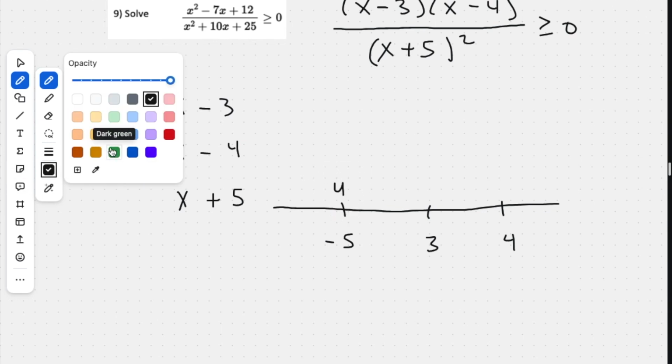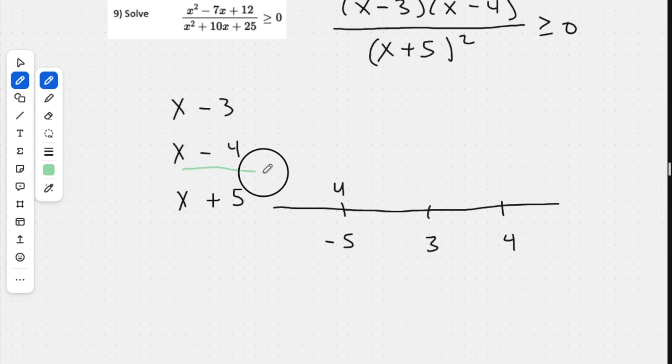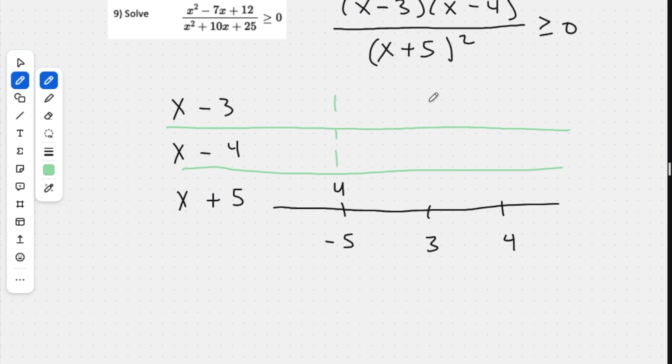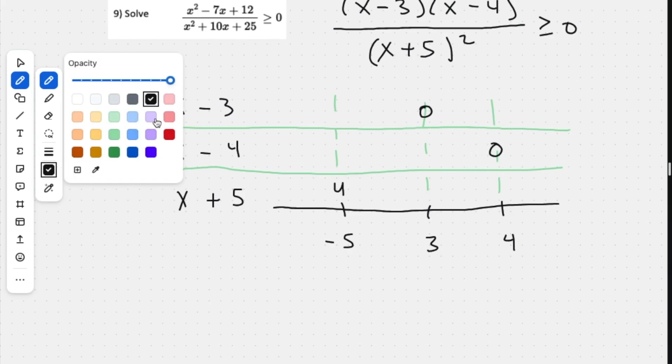Actually, let me get my green lines drawn in here. So I'm going to put a u there to try to help remind myself to not include that in my solution. 3, that one's 0 is right there, and for 4, that one's 0 is right there.